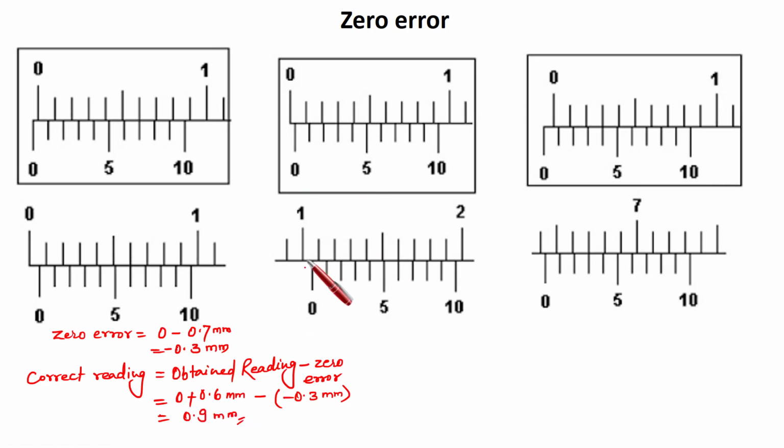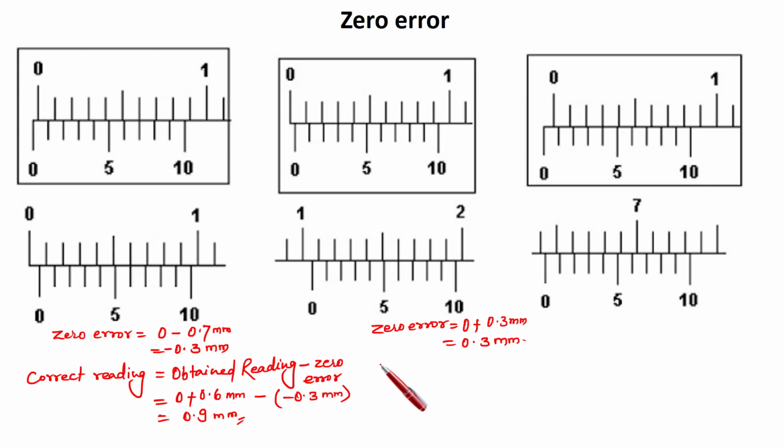In this case, we have a positive 0 error. So the 0 error can be written as 0 plus whatever is there. Look here, which one is coinciding? This one is coinciding, 3. So this is directly written as 0.3 mm.